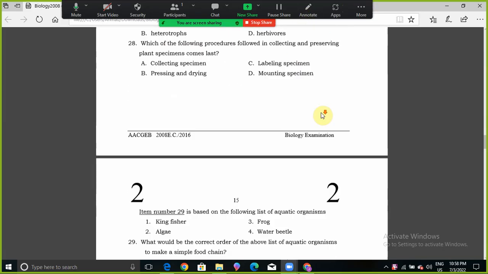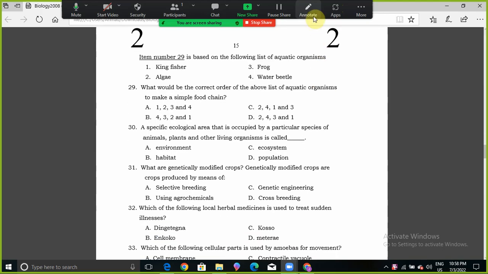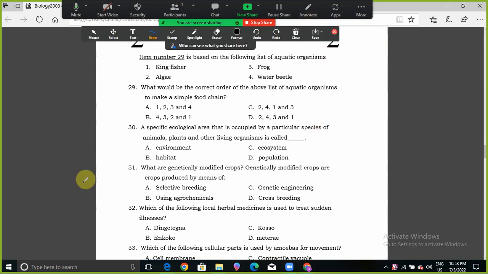Now, in question number 29, it says item number 29 is based on the following list of aquatic organisms, which is kingfisher, algae, frog, water petal. What would be the correct order of the above list of aquatic organisms to make a simple food chain?